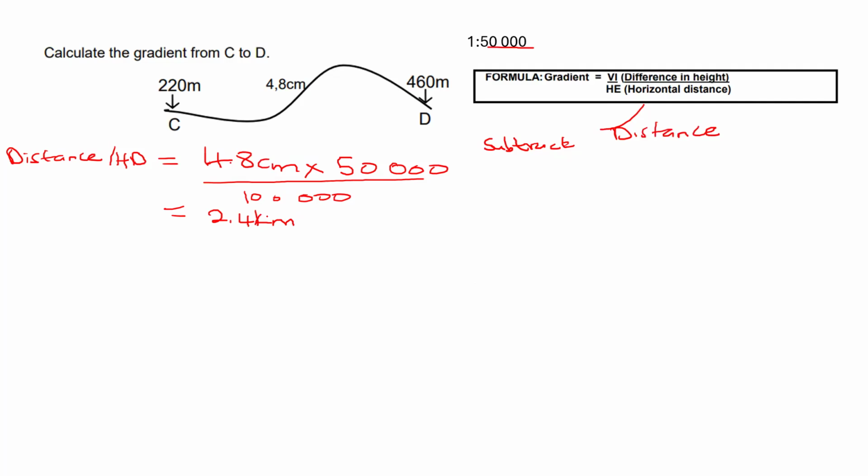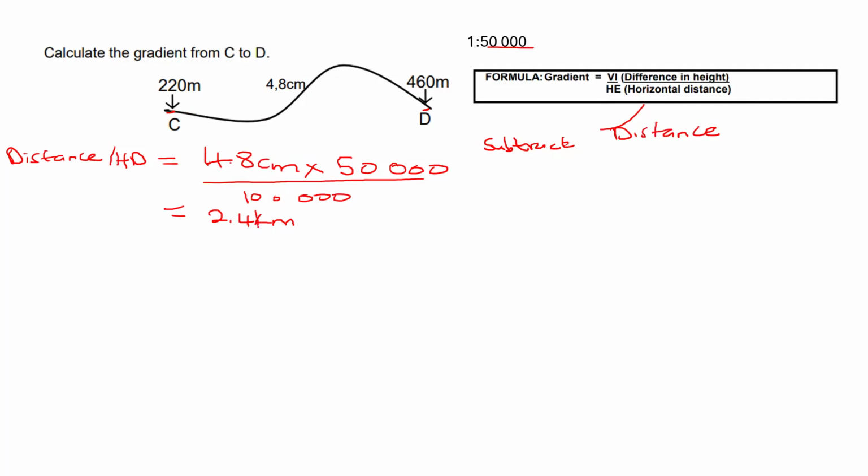kilometers. All right. And now I need to convert the kilometers into meters so that these differences in height get to be of the same scale, having the same units, right?